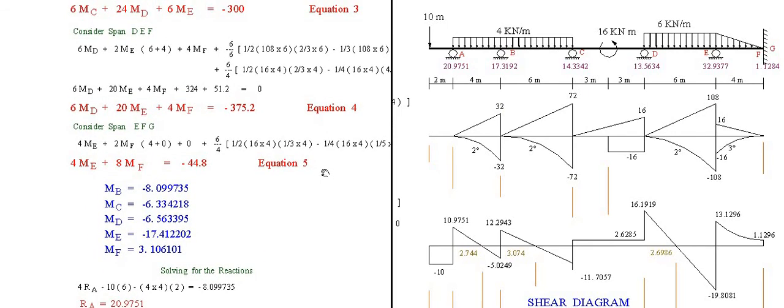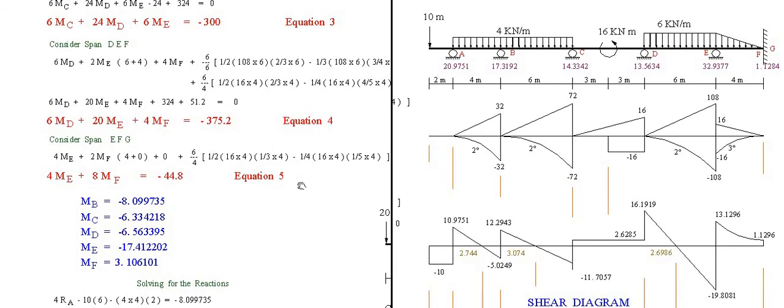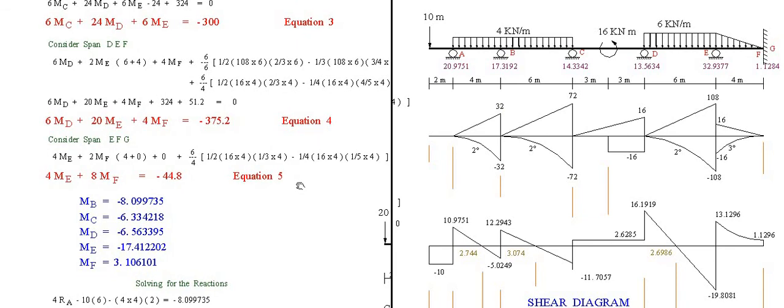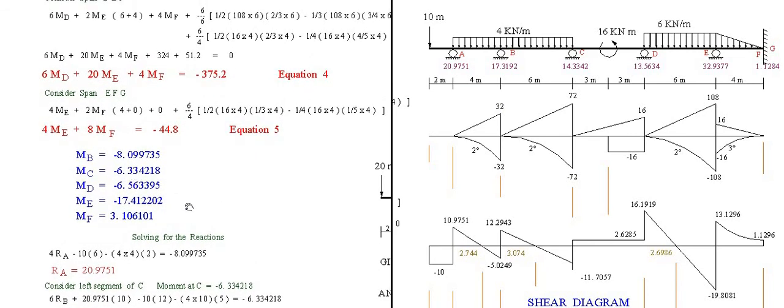Now we have 5 equations, and we have 5 unknowns, B, C, D, E, F. The moment at A is already known. It is moment at A is minus 20. So we start at B. So this is the solution of the 5 equations.